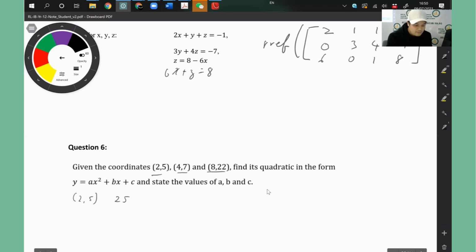So which means, can I say the first equation? Which is 25 equal 4a plus 2b plus c. And then 7 equals 16a plus 4b plus c. And then 22 equal to 64a plus 8b plus c.